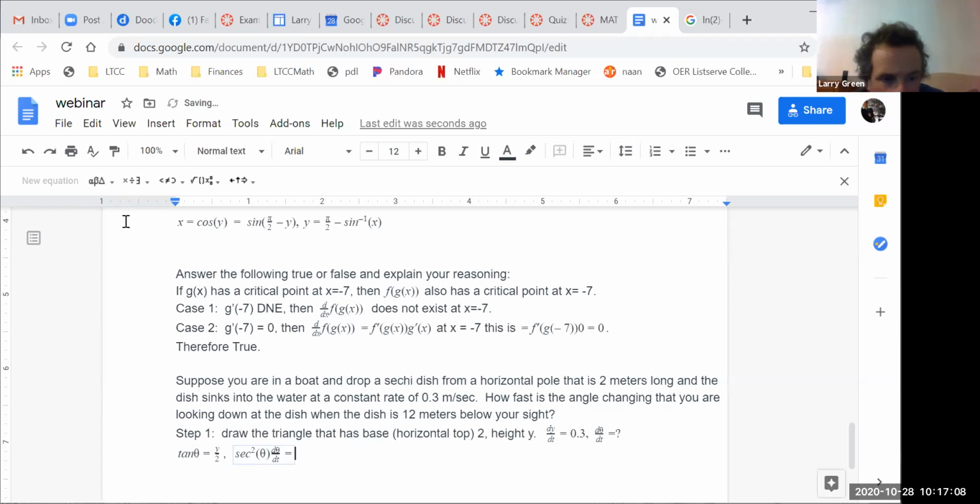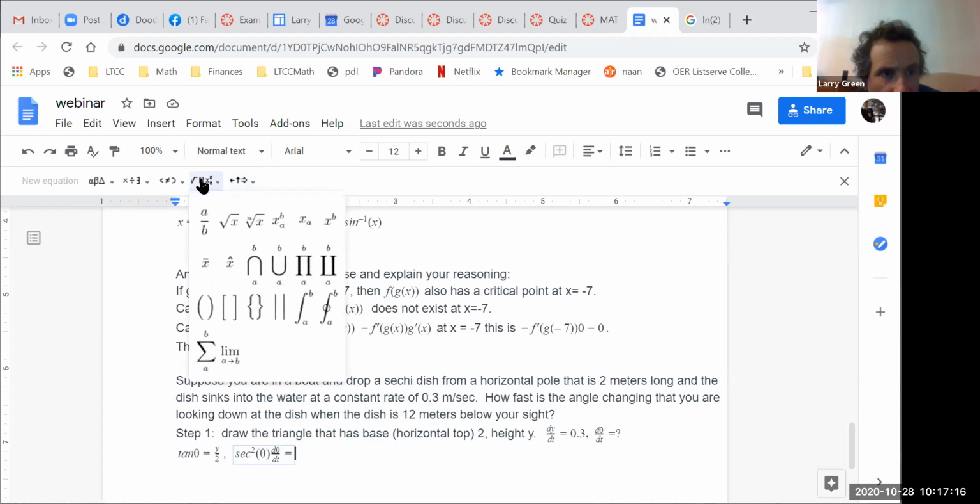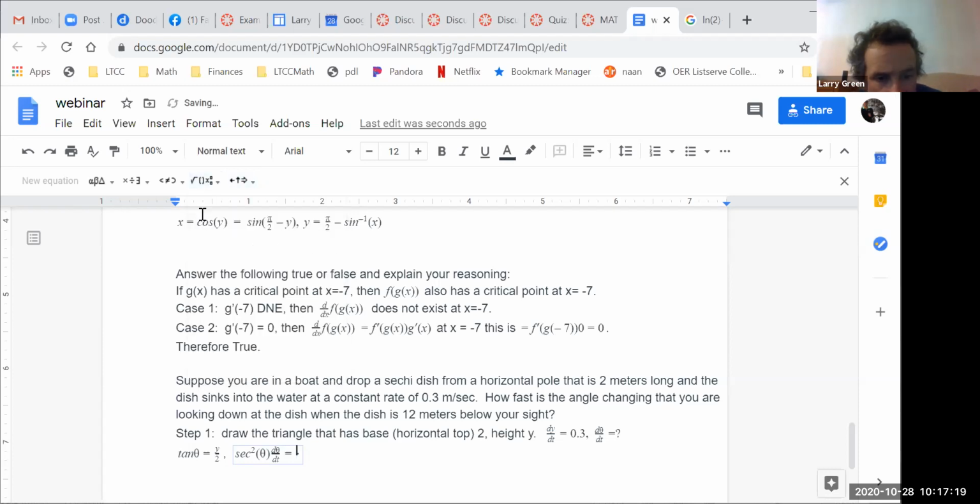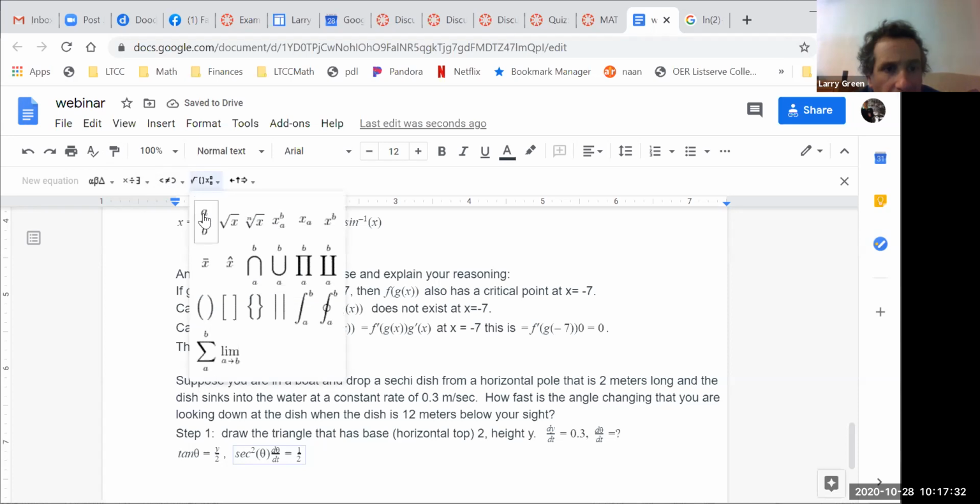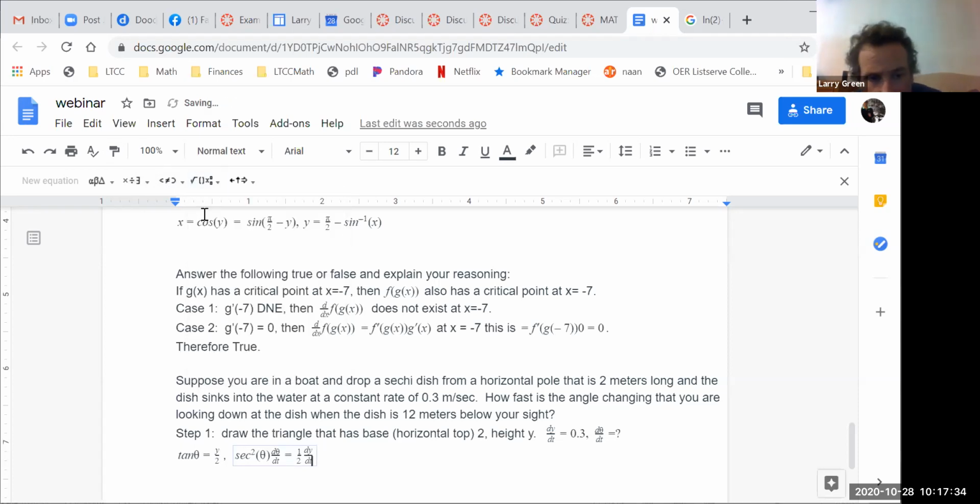So that was equal to the derivative of y over 2, which is just 1/2 dy/dt. Ah, shoot. What's the next step?